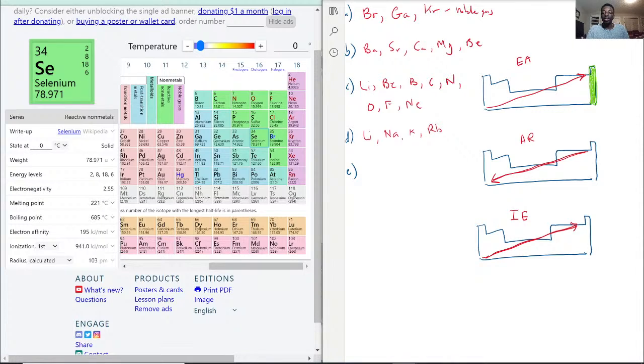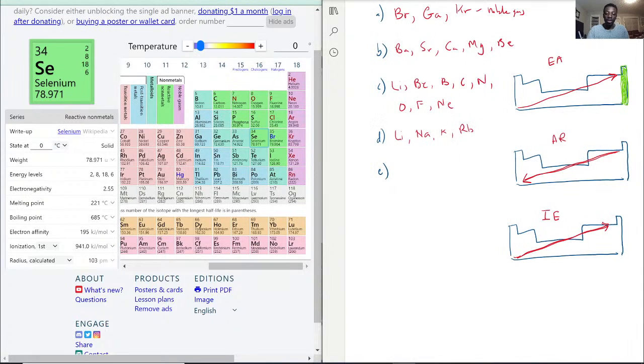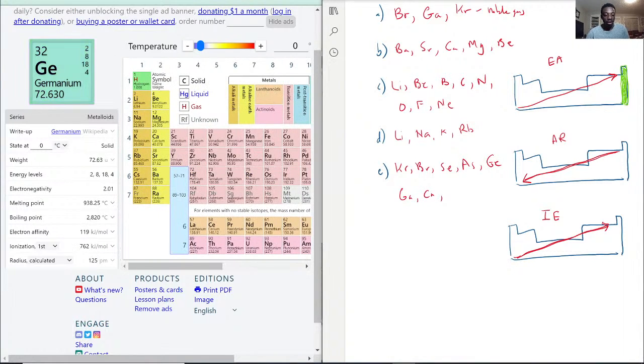So you will still have noble gases as the strongest ones, because you really need to work hard to ionize, quote unquote, get rid of an electron for krypton. So we have krypton is going to be the strongest, then bromine, then selenium, then arsenic, then germanium, then gallium, then calcium, then potassium. That is what I believe for that one.